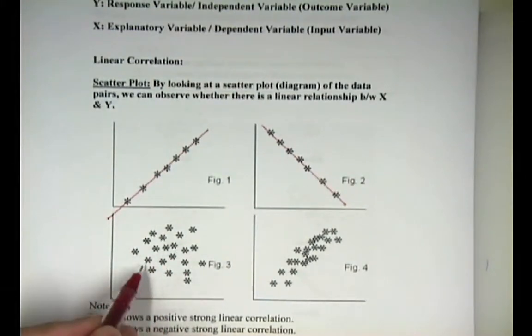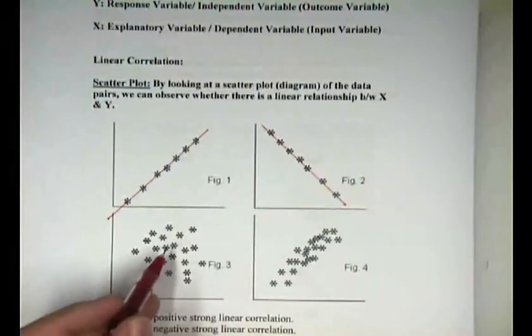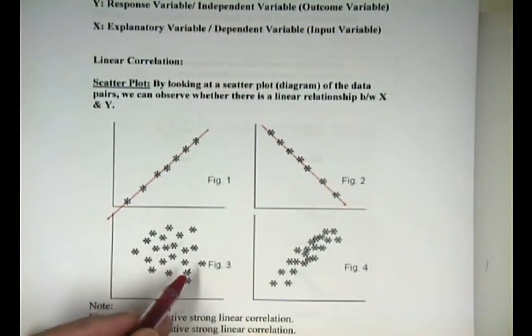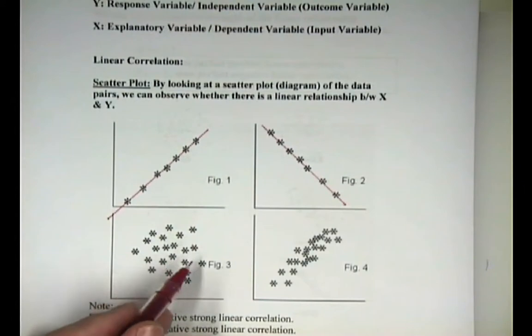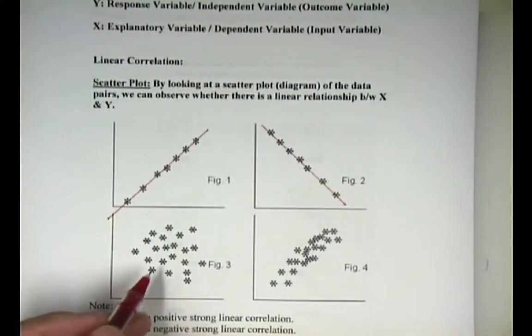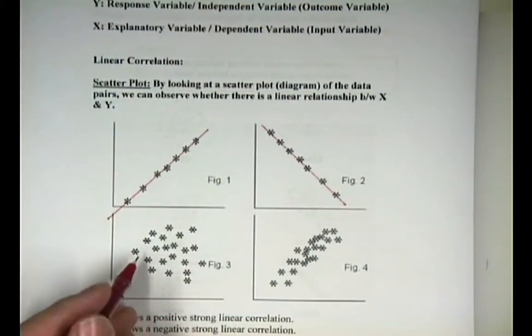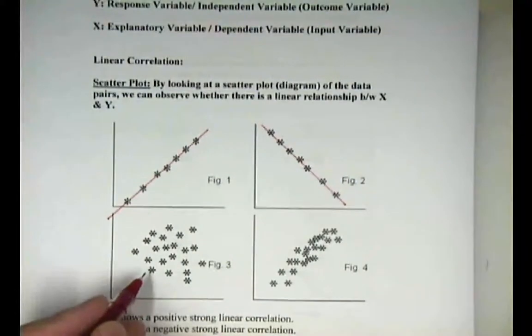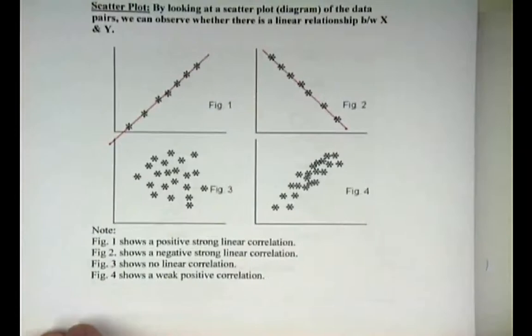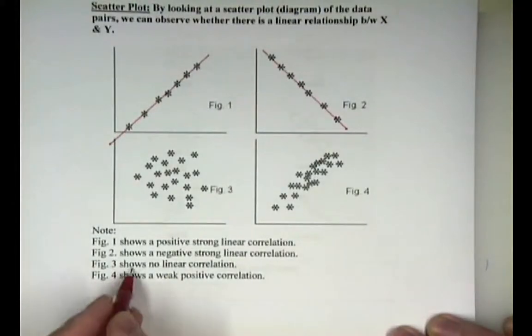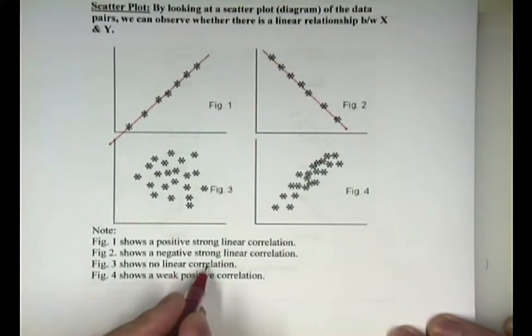However, it looks more like a scattershot or a buckshot pattern is what we sometimes refer to it as. There's just no way to know where to draw a line through the points, is there? It's almost impossible, unless you just have a swirly line. So we can't seem to draw a nice distinct straight line. Therefore, we would lean towards no correlation. So figure 3 shows no linear correlation.